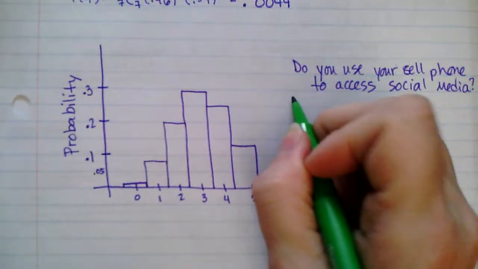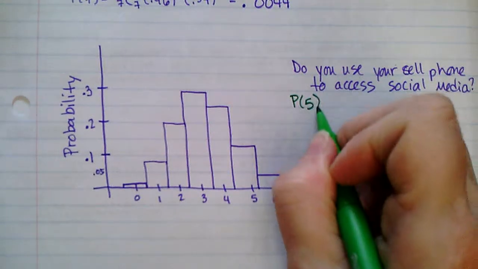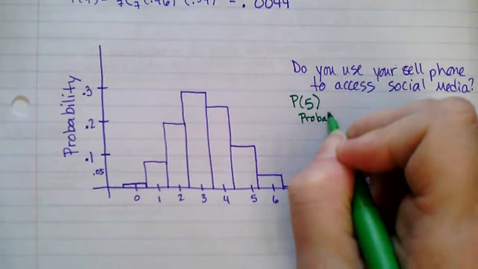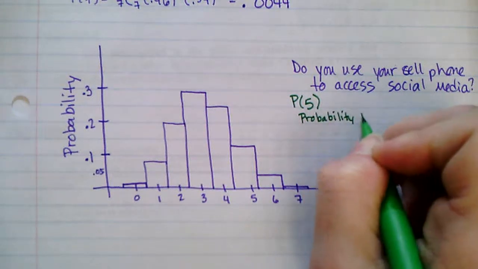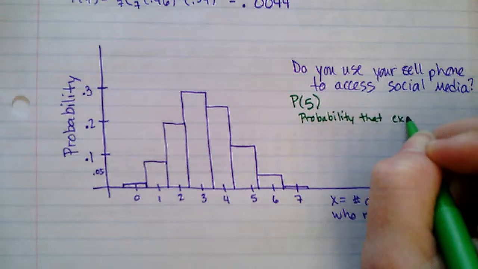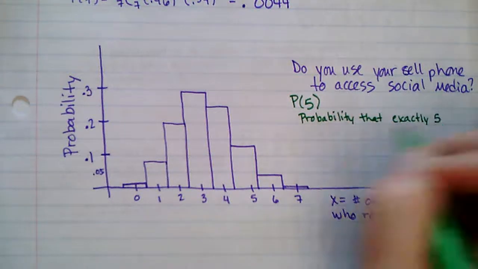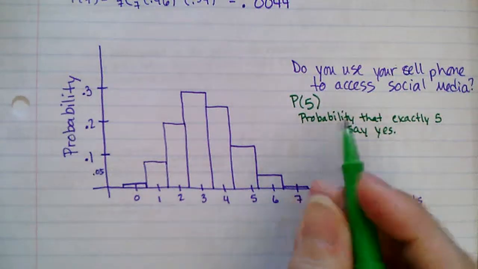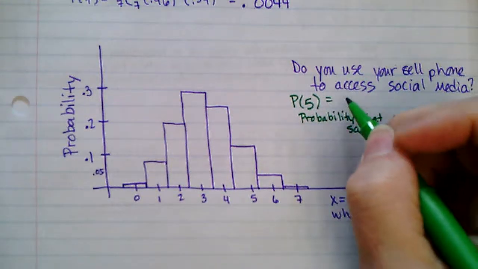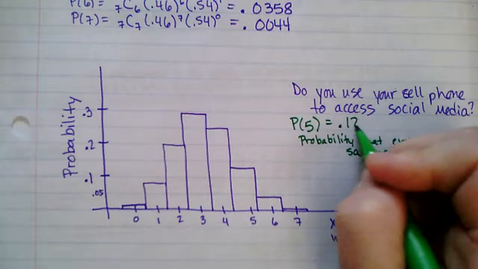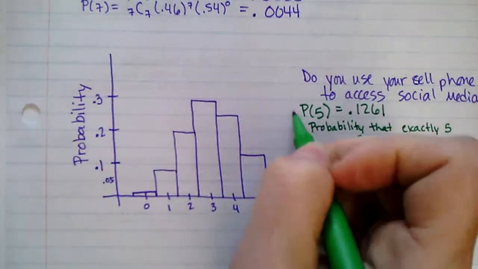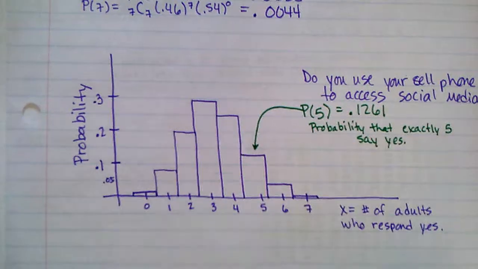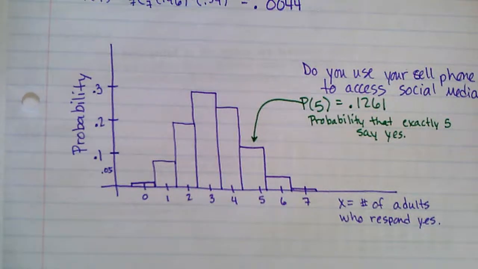So the probability that exactly 5 say yes. So that's the probability of 5. And we already know the answer to that is 0.1261. And on our distribution, it is the height of this bar right here, 0.1261.